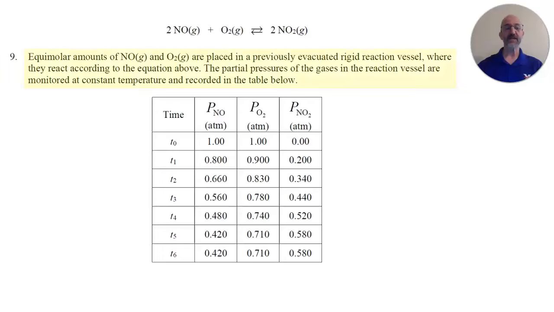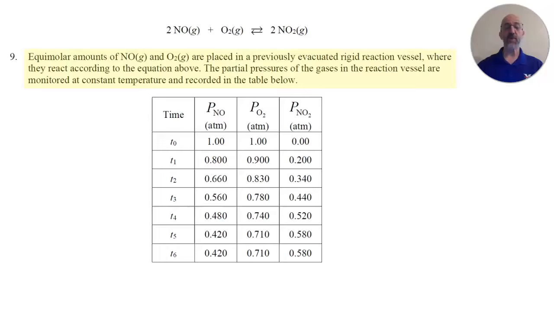The question says that equimolar amounts of NO and O2 are placed in a previously evacuated rigid reaction vessel where they react according to the equation above. The partial pressures of the gases in the reaction vessel are monitored at constant temperature and recorded in the table below.